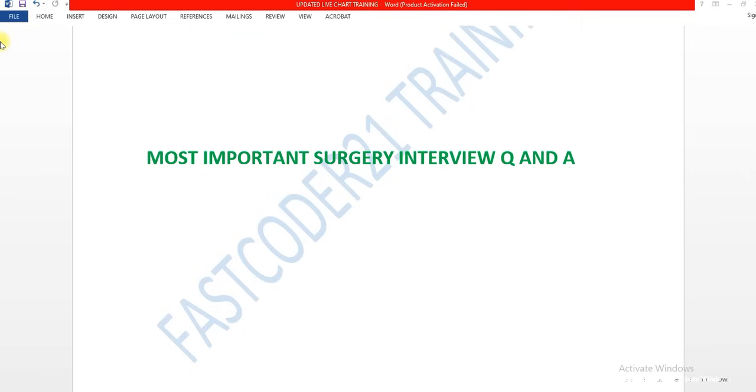What is colostomy? Incision on the colon? Ostomy, not otomy. Ostomy is different, otomy is different. Opening into the abdominal wall.